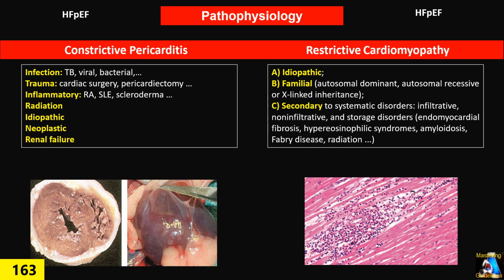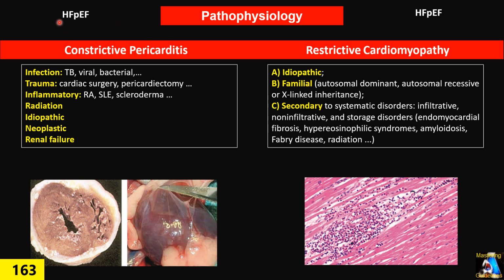As we know, about half of the cases of heart failure go to the category of heart failure with preserved ejection fraction. In other words, 50% of cases of heart failure are the diastolic dysfunction type. That means the EF is almost normal, equal or more than 50%, but we have heart failure due to diastolic dysfunction.